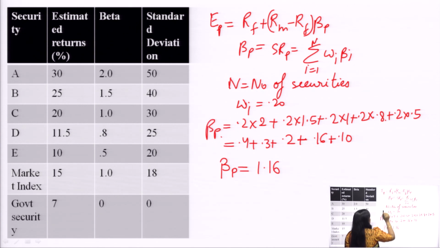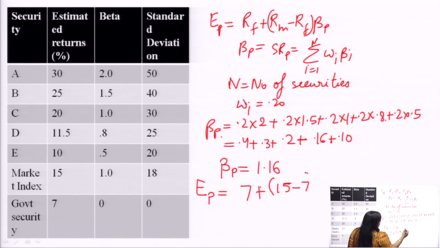If we put this value of beta p in this equation, we can calculate the expected return of the portfolio. It is equal to RF. RF is given as 7%, RM is 15, and putting in 1.16, we will have 7 plus 8 into 1.16.